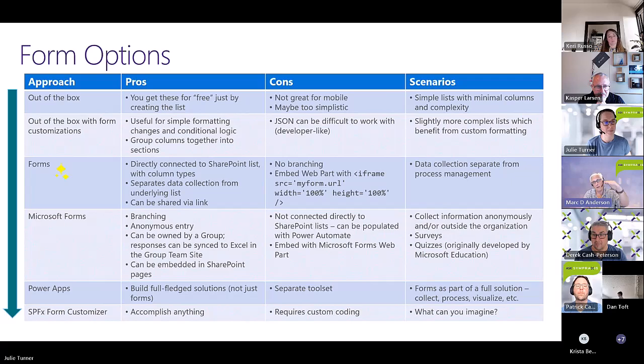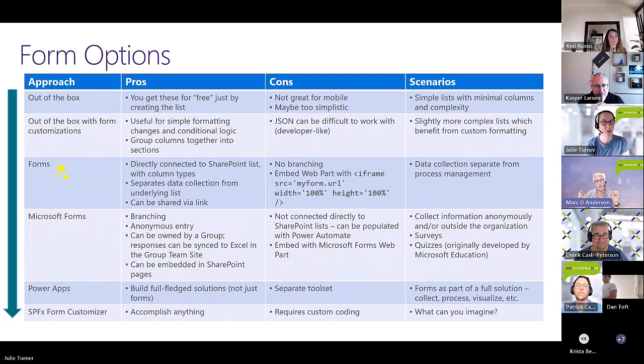And usually when you have a list with more than, again, making up a number, 5, 10, whatever the number is, columns, they sort of fall into groups. And so being able to do that in the form is quite helpful. It's JSON driven, so to most people, that's developer land. JSON is not human readable stuff.